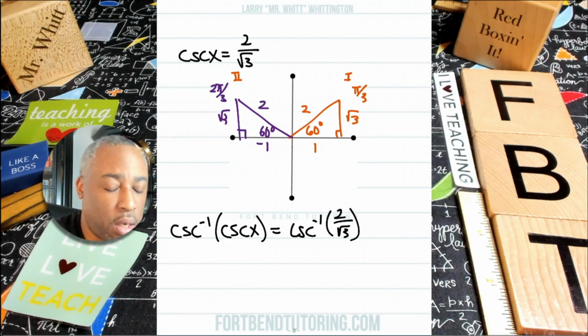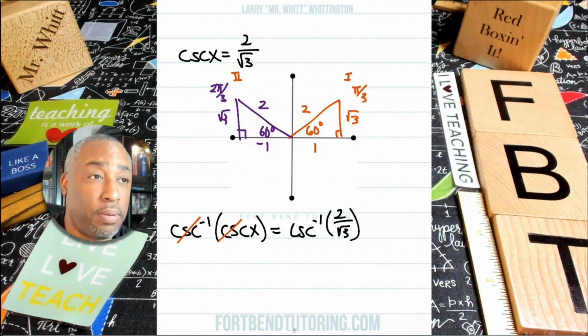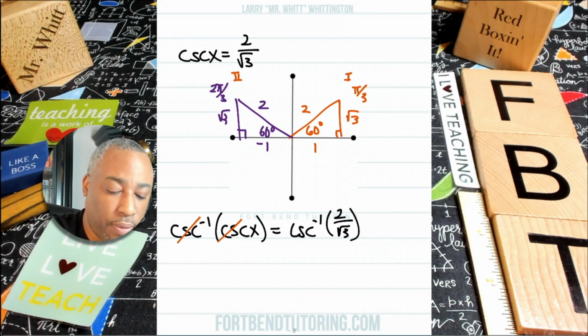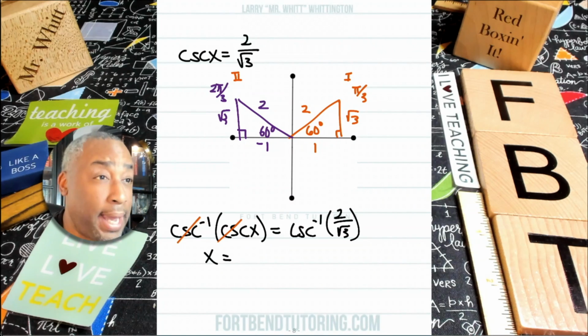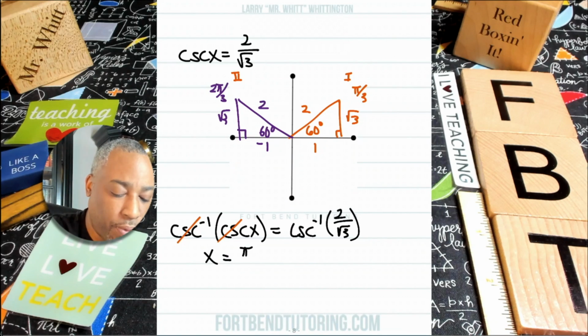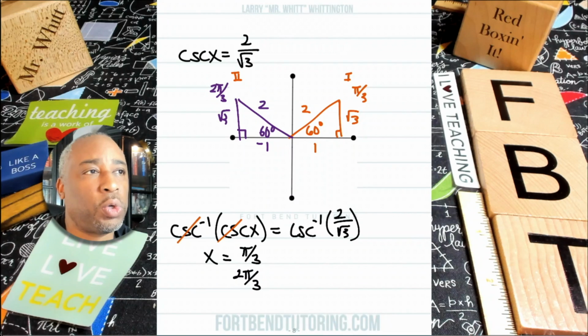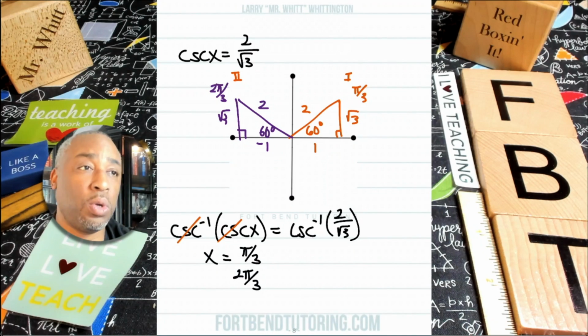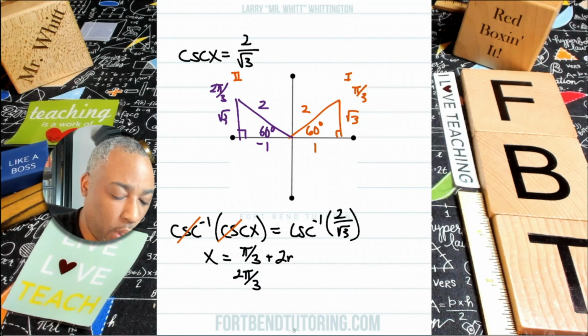Your cosecant and arc cosecant are going to cancel out on the left side of the equation, leaving us the variable x, and those angles that we identified as being equivalent to 2 divided by the square root of 3 once you take the cosecant of that angle are going to be pi over 3 and also 2 pi over 3. The difference now is that they want us to make sure that we're giving them all of the solutions. So to incorporate every last solution here, you want to add to your result plus 2n pi.